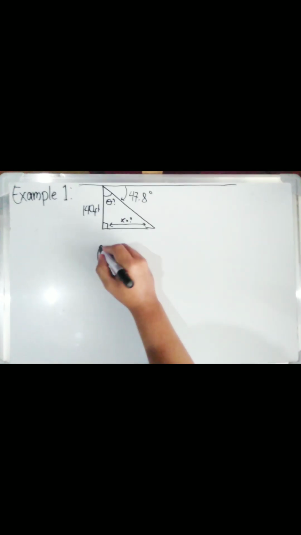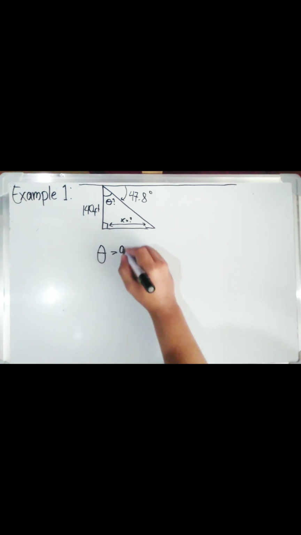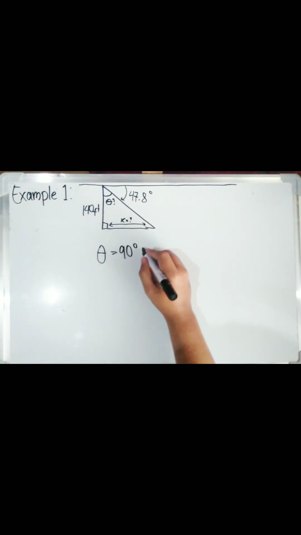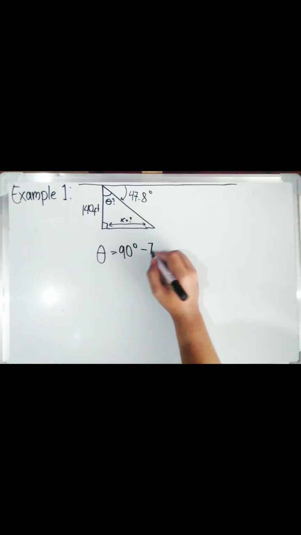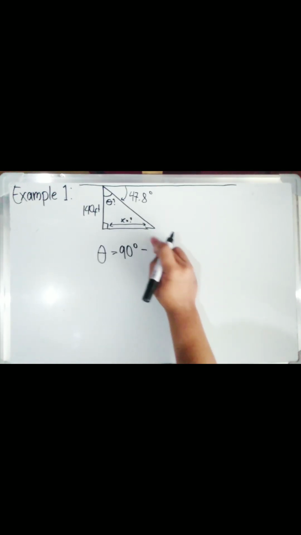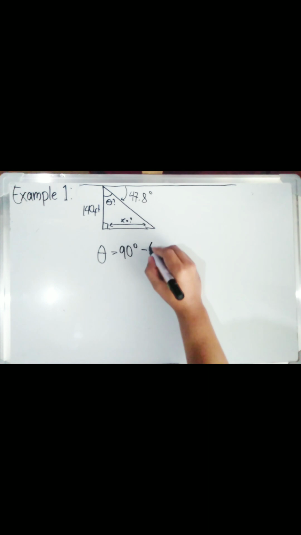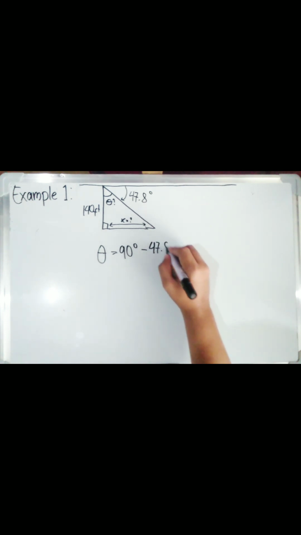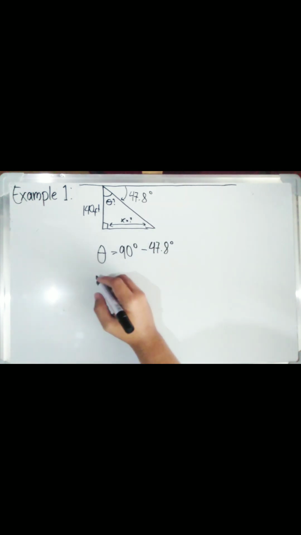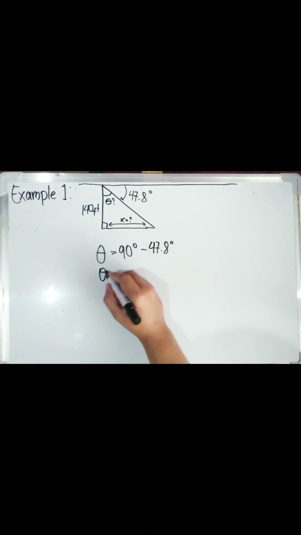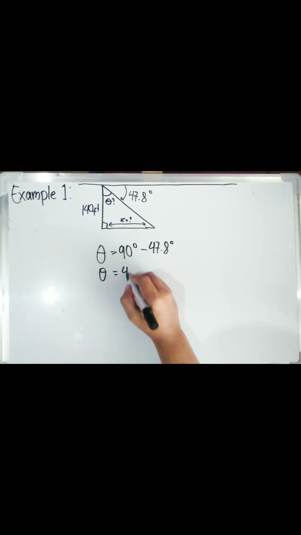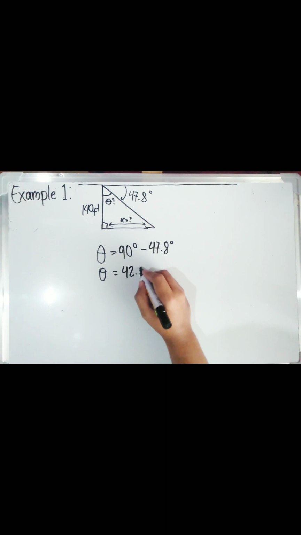To find the angle, let's do 90 degrees minus 47.8 degrees. So the angle is 42.2 degrees. Now we can solve for x as follows.